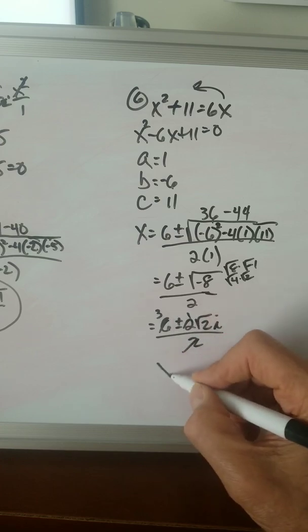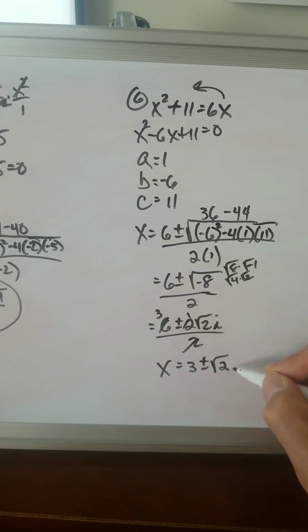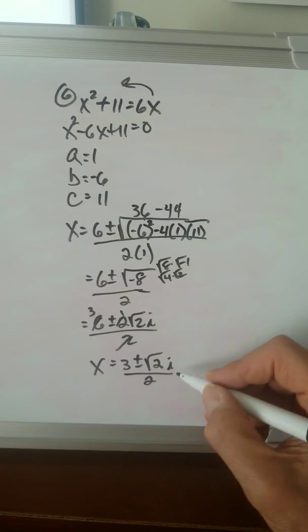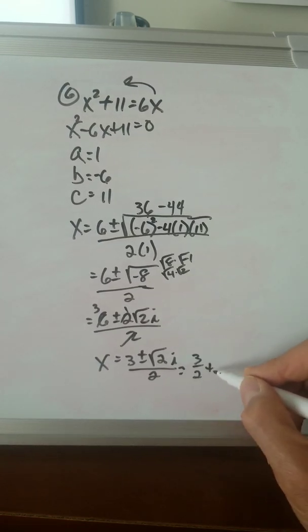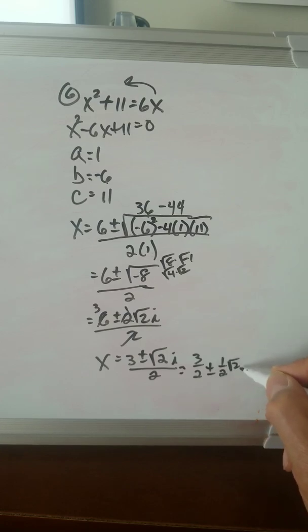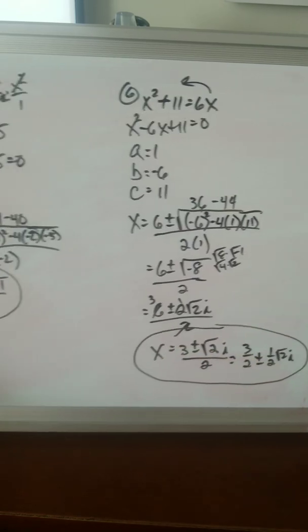So the final answer is x is equal to 3 plus or minus square root of 2 i, over 2. If you really want to be fancy, you could go 3 over 2 plus or minus 1/2 root 2 i. Any one of those will do.